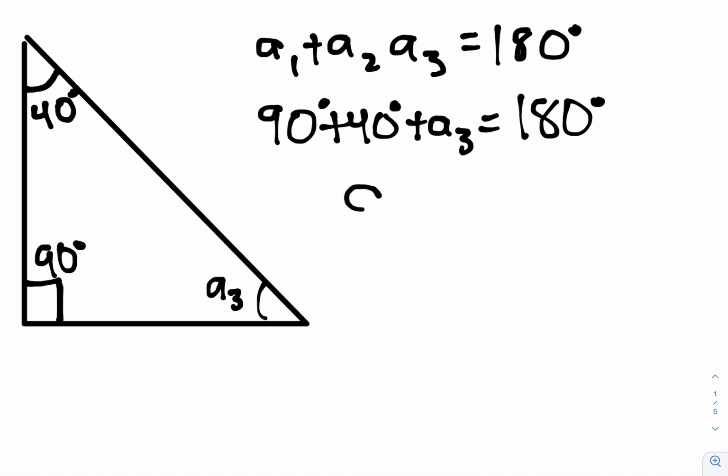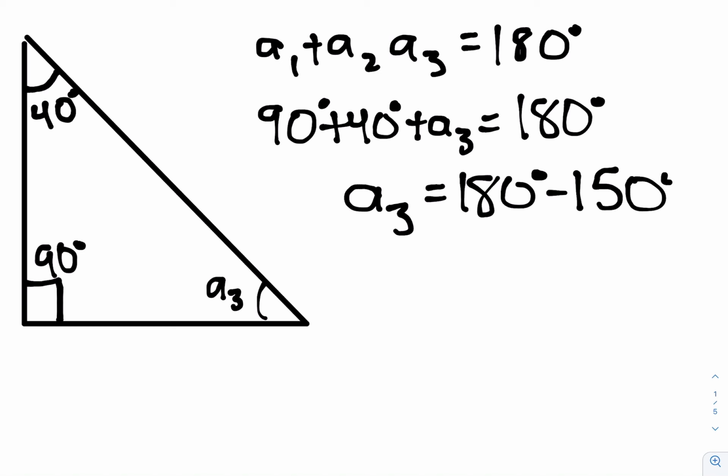So this last angle, A3, is the 180 degrees we must have in total minus the 130 degrees that the other two angles already account for. Sorry, I said 150, this is 130. So this is going to be 50 degrees. So angle 3 is going to be 50 degrees.